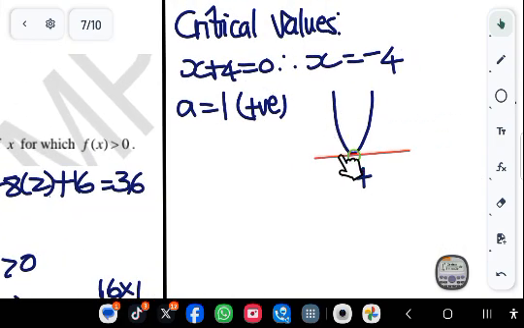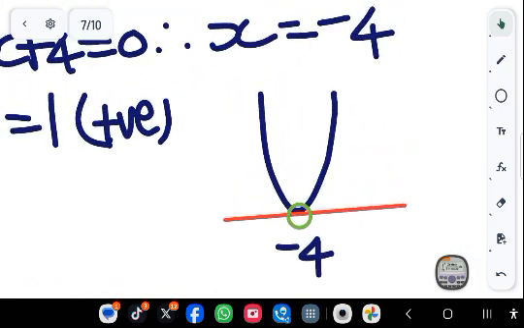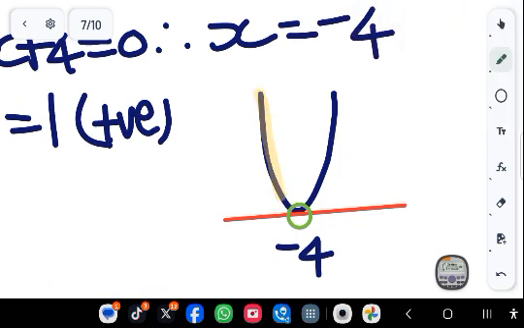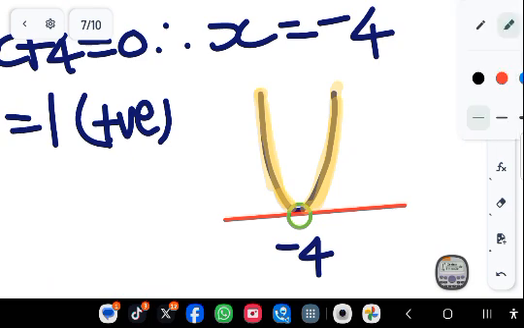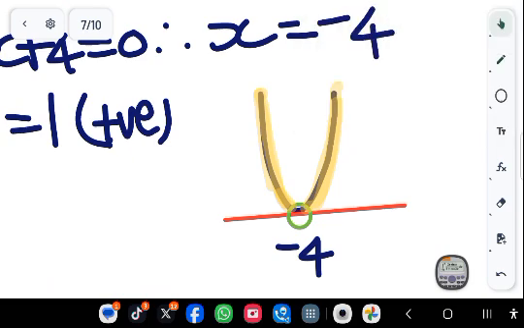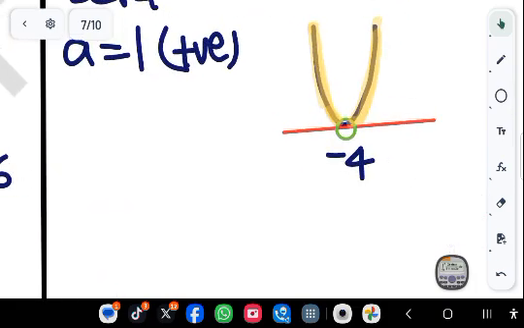Now we're looking for where this is greater than 0, meaning where the graph lies above the x-axis. Let's make this purple or yellow. All right, except for when x equals -4, this is where the graph lies above the x-axis. At x equals -4, it lies exactly at 0. It's not above the x-axis, it's on the x-axis.